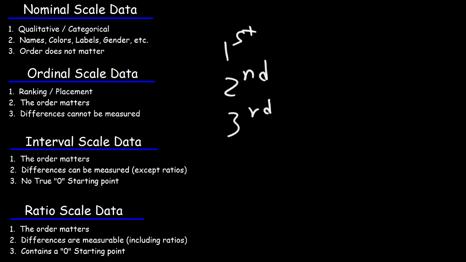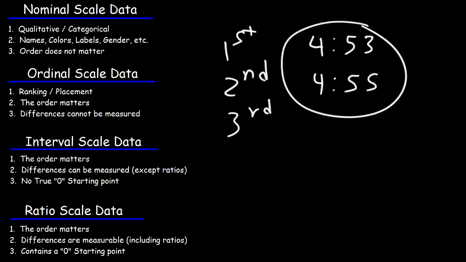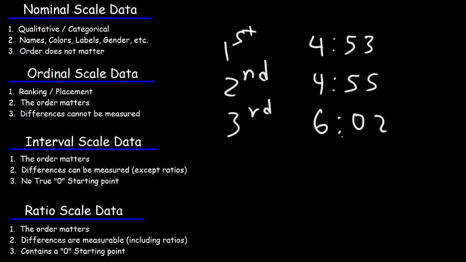To illustrate this, we could say that in a race, the person who got first place took 4 minutes and 53 seconds to arrive at his destination. And let's say the person who was in second place took 4 minutes and 55 seconds. As you can see, the time for these two individuals is very close. Now the third place winner might have taken a longer time, maybe 6 minutes and 2 seconds.